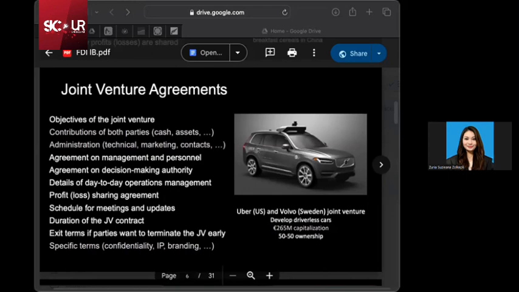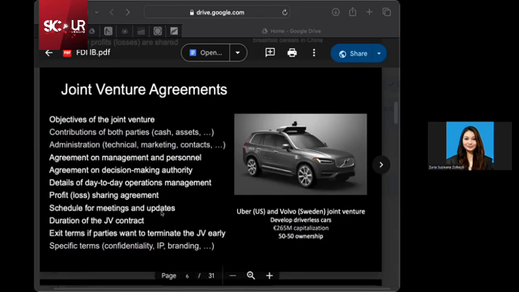And then we have agreement on management and personnel, agreement on decision-making authority, details of the day-to-day operation management, a profit or loss sharing agreement, schedule for meetings and updates, and also the duration of the JV and exit terms if a party wants to terminate the JV early. Other terms specific to the JV, such as confidentiality, intellectual property, branding, and so forth.